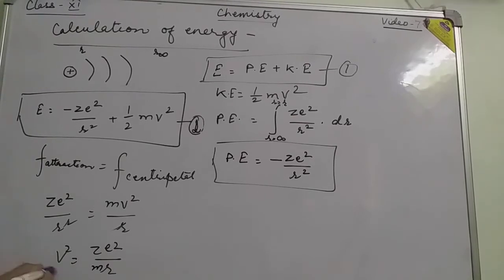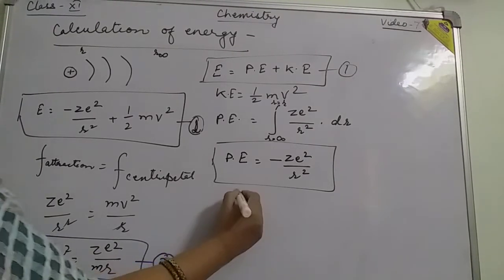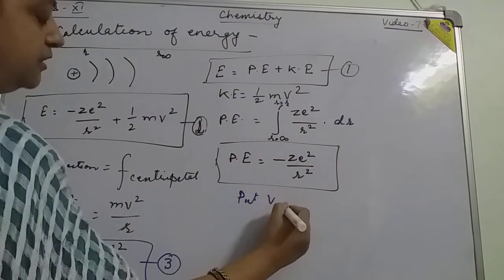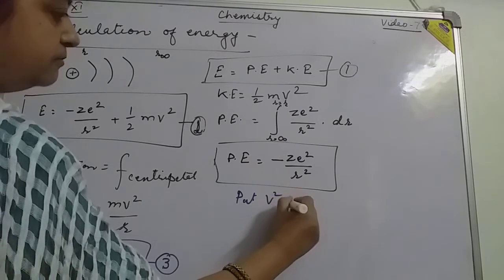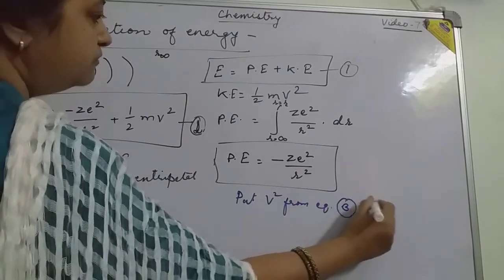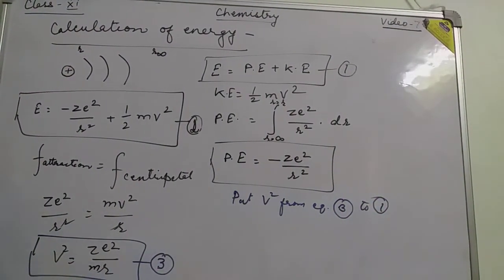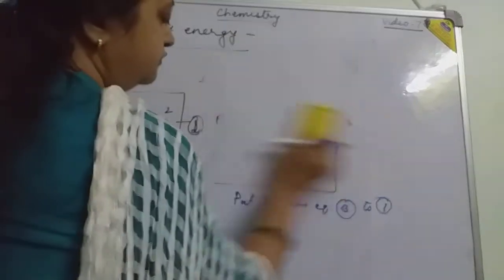So by putting the value of v square from equation 3 into 1, what do we get?